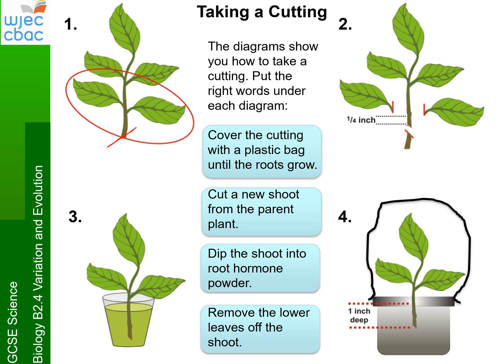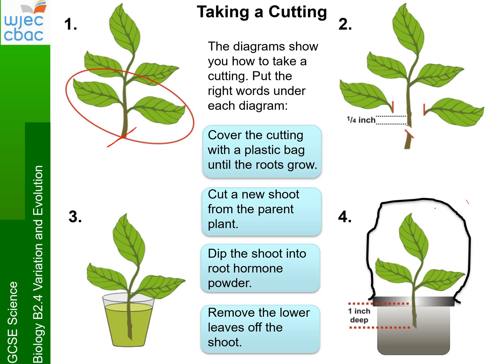So we then plant our cutting that's been dipped into the root hormone powder into some sterile compost, around about 1 inch deep. In order to prevent it losing water, because it hasn't got any root system at this point, we cover the pot with a clear plastic bag.